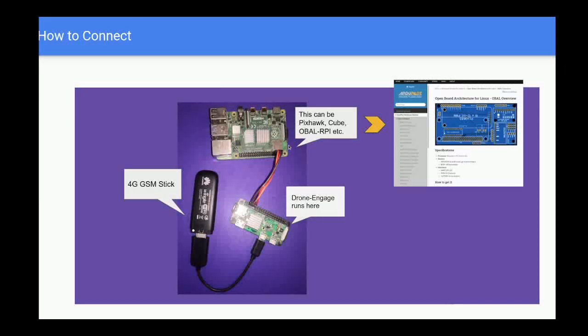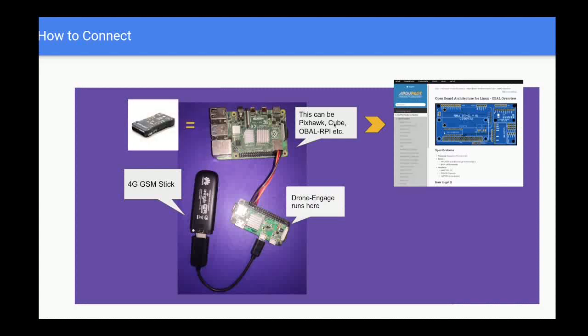In this picture, we can see how to connect the system. Drone Engage software runs here on the Raspberry Pi Zero, and here the 4G GSM stick is connected via an OTG cable. This Raspberry Pi 4 actually represents any flight control board. It can be a Pixhawk. You can remove this picture and use a Pixhawk.